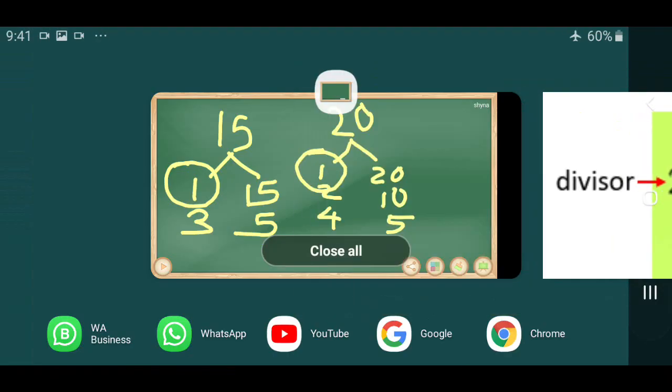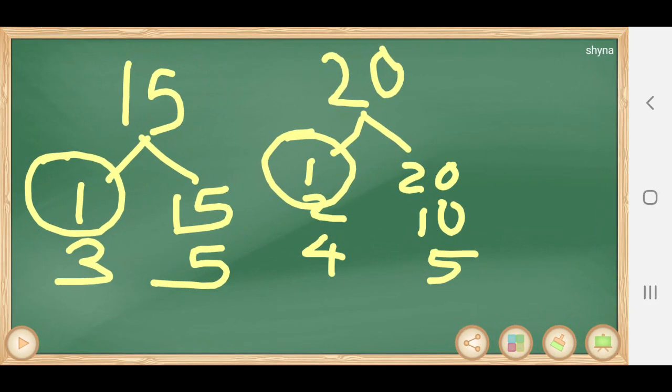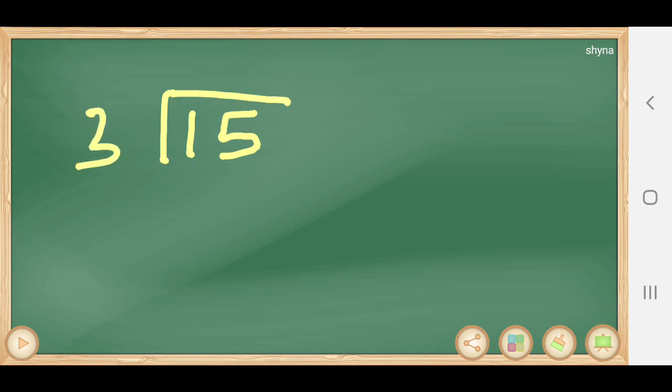Then you see, in this problem, I have taken 15 and 20. In 15, what are the factors? 1, 3, 5 and 15. So you just see this. If I am dividing 15 with one of its factors, 3, what I have to write here? 5. 5 into 3, 15.